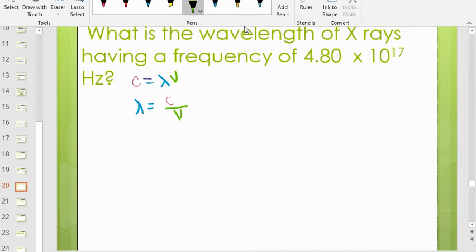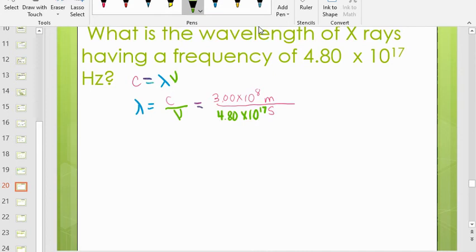Okay, so now we're going to plug in our values that we know. We have the speed of light, which is 3.00 times 10 to the 8th, and that's meters per second. Then I'm going to put my frequency in, which is 4.80 times 10 to the 17th.